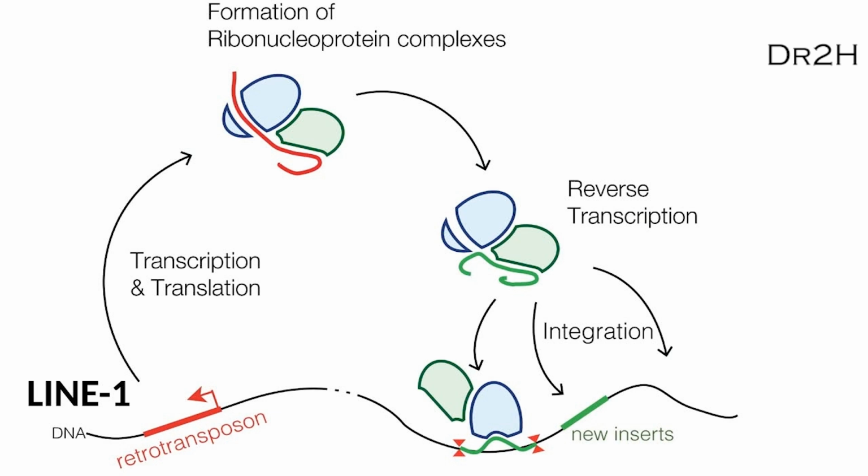So the retrotransposition process of LINE-1 involves several steps. First, the LINE-1 DNA is transcribed into RNA by the host cell machinery, and then the RNA is reverse transcribed, here shown in the figure, back into DNA by the LINE-1 encoded reverse transcriptase. And then the newly formed DNA is inserted back into a new location in the genome. So that's a lot of science again.